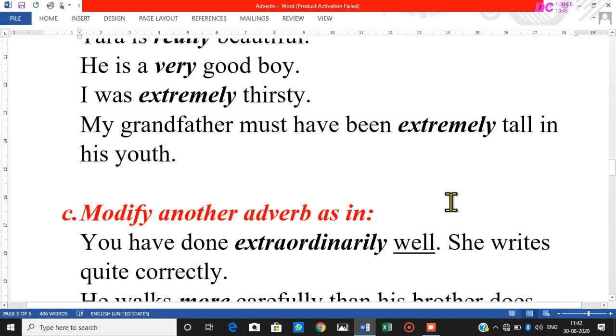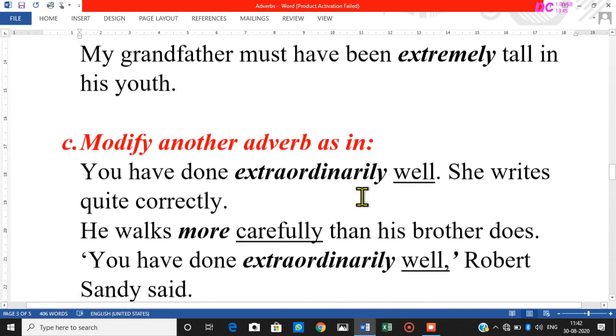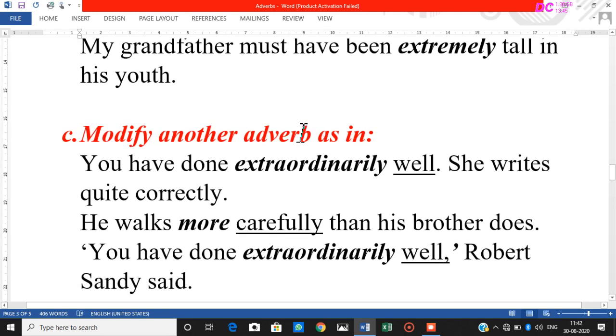Now in the C part we will see an adverb modifies another adverb. So sometimes two adverbs are used one after another, and one adverb modifies another adverb.